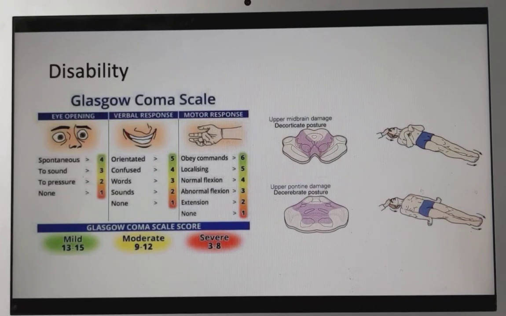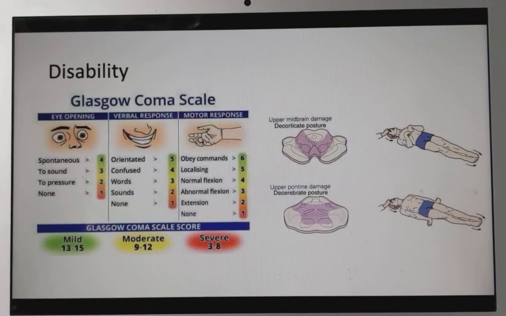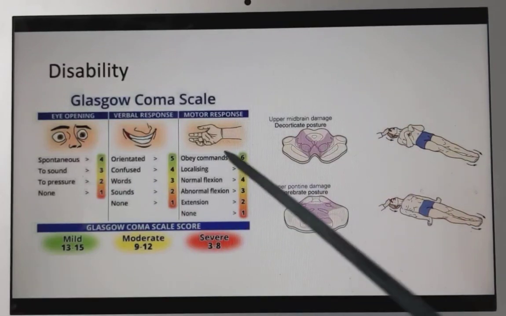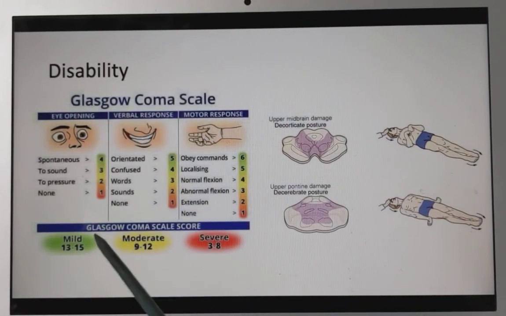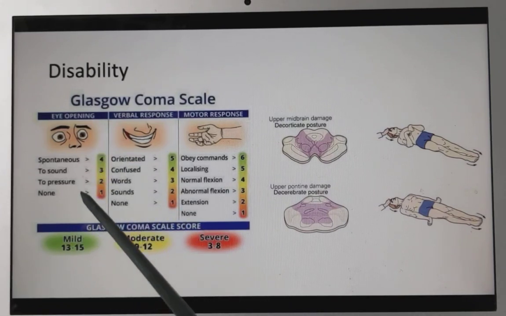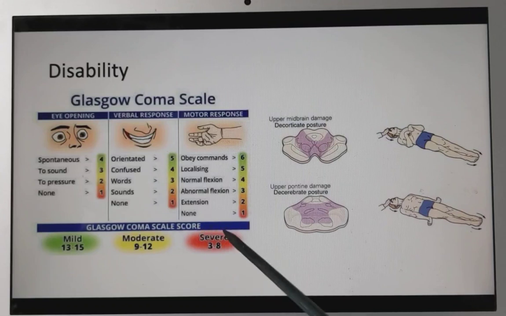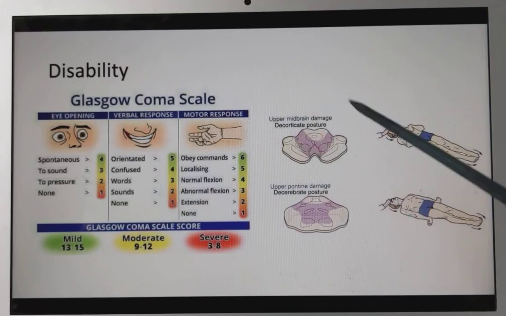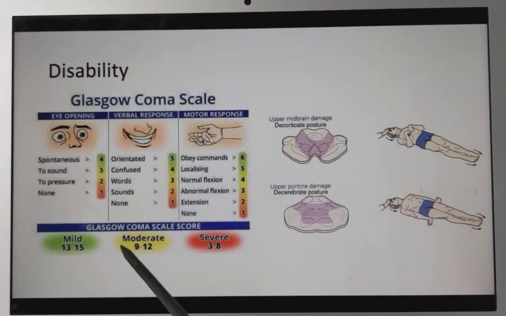Now, we have checked first of all on the AVPU, what is the response. We've checked the pupils, we have checked their blood sugar levels, and then we go on to the Glasgow Coma Scale. I will be keeping a separate section to check for this, but it is very important that you understand how to check it and how to mention it to anyone if you're giving a handover of a patient.